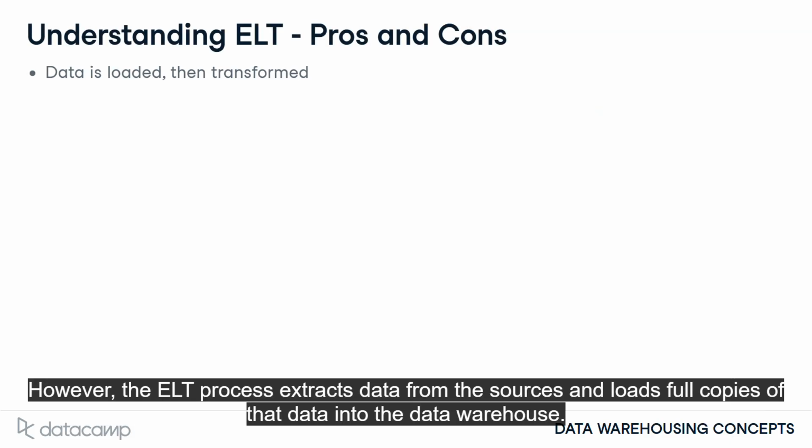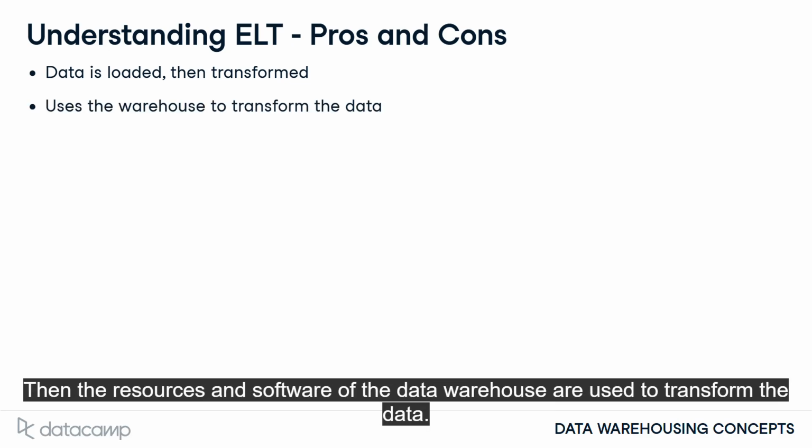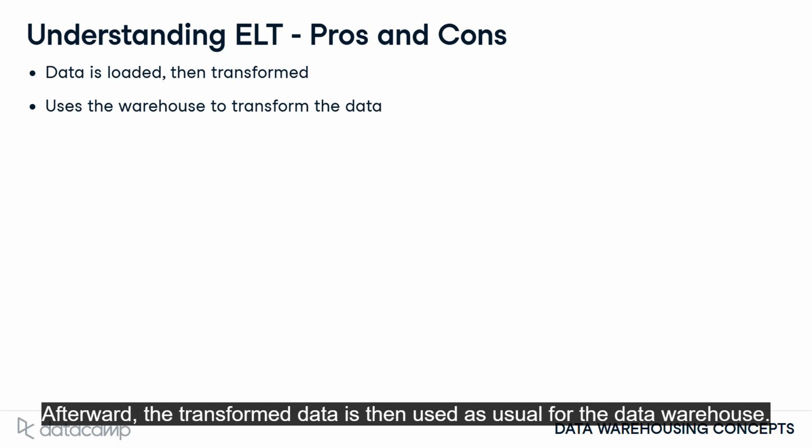However, the ELT process extracts data from the sources and loads full copies of that data into the data warehouse. Then, the resources and software of the data warehouse are used to transform the data. Afterward, the transformed data is then used as usual for the data warehouse.